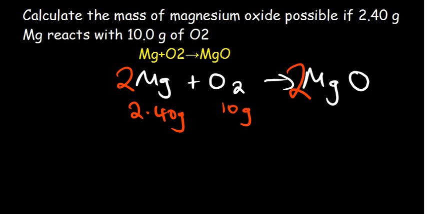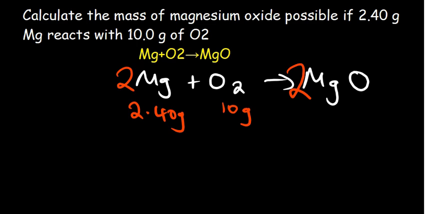Okay, so if you look at this question, what exactly are you able to see? You are capable of finding the number of moles, right? It's possible for you to find the number of moles of both magnesium and oxygen. So now, do well to check your periodic table and see the molar mass of both magnesium and oxygen.